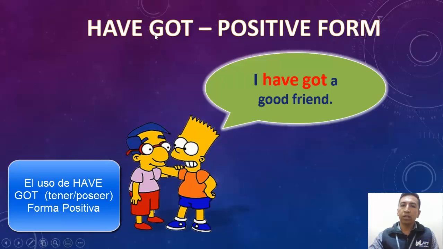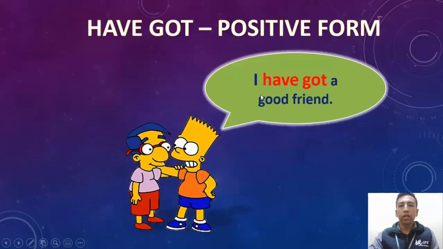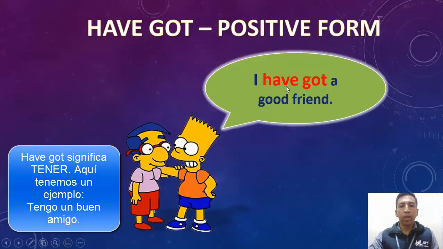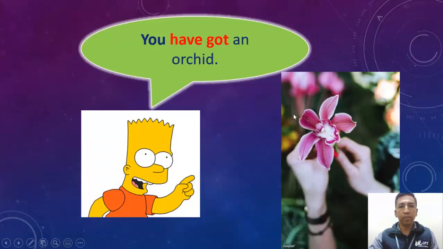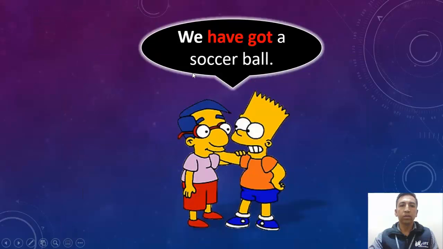The use of have got. We have the positive form. For making the positive form, we use have, got, and the rest. Have got means to have. Here we have examples: I have got a good friend. You have got an orchid. He has got a soccer ball.